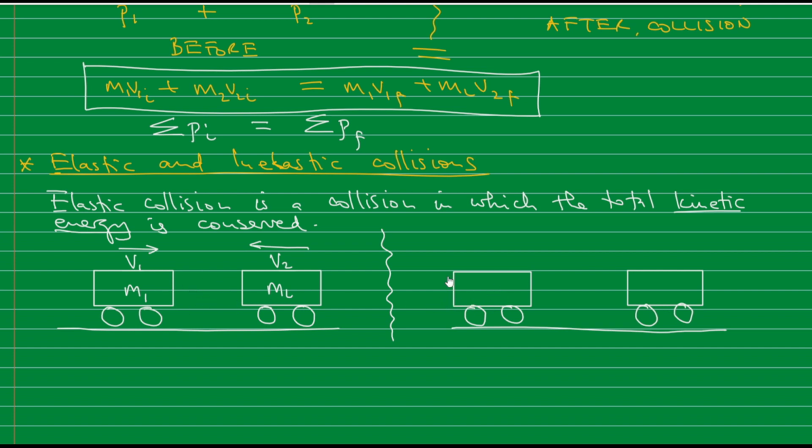After collision, m2 will move to the right and m1 is going to bounce back to the left. So we have before they collide, and after they collide, after collision.